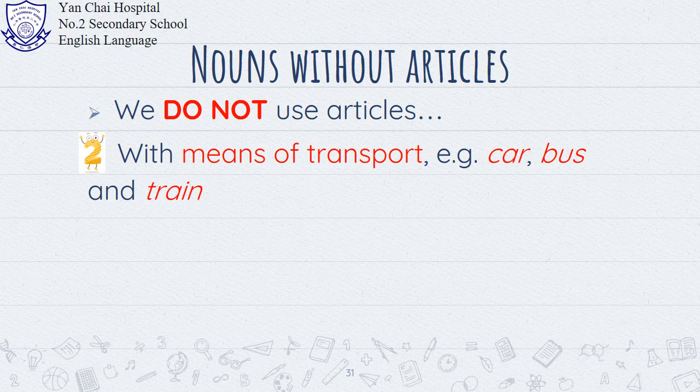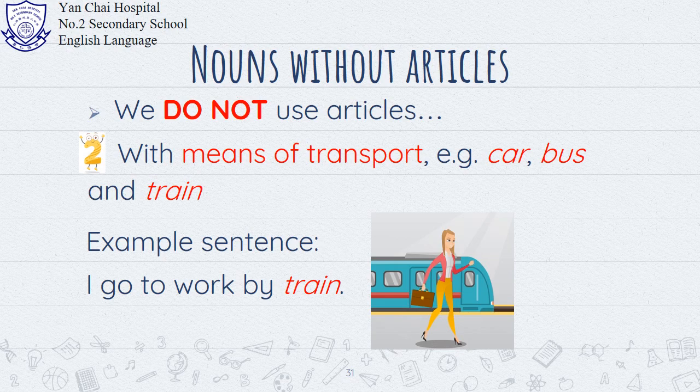We do not use articles with means of transport. For example, car, bus, and train. Example sentence. I go to work by train.